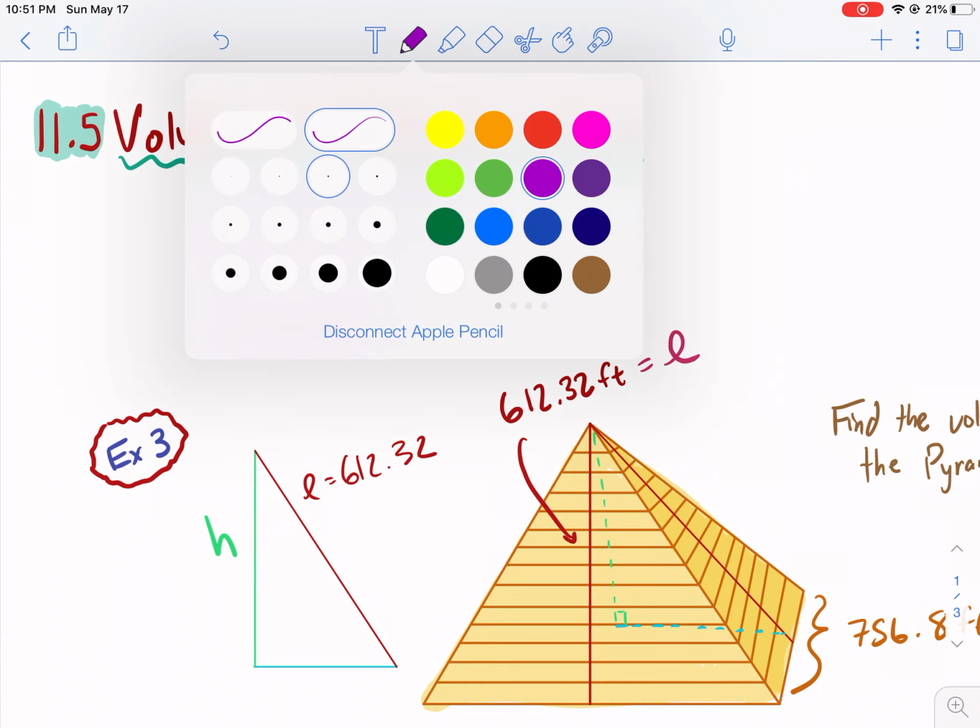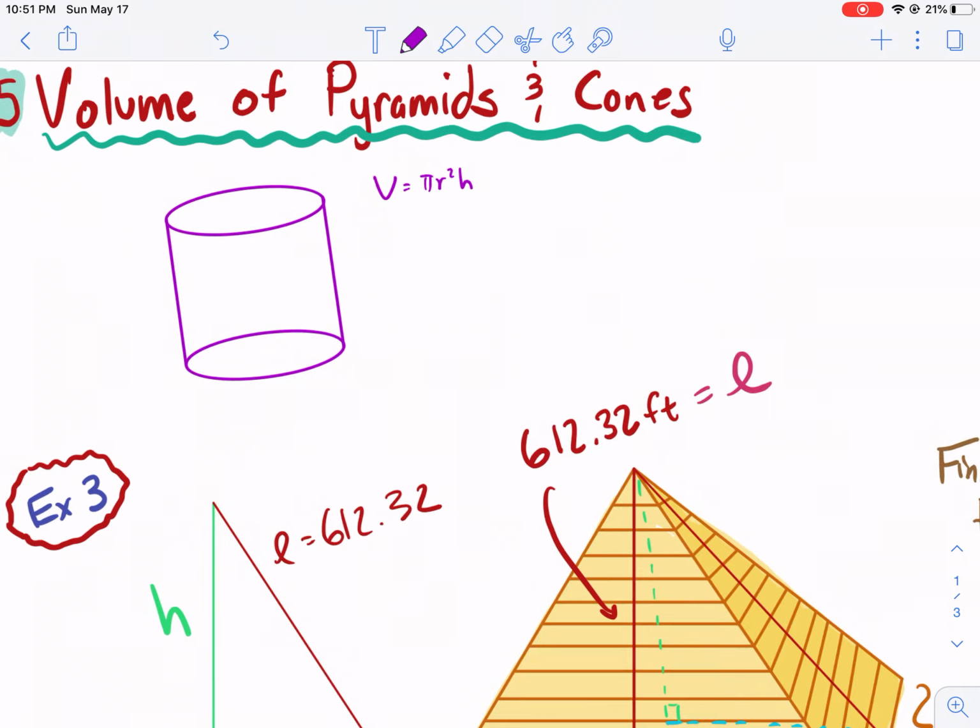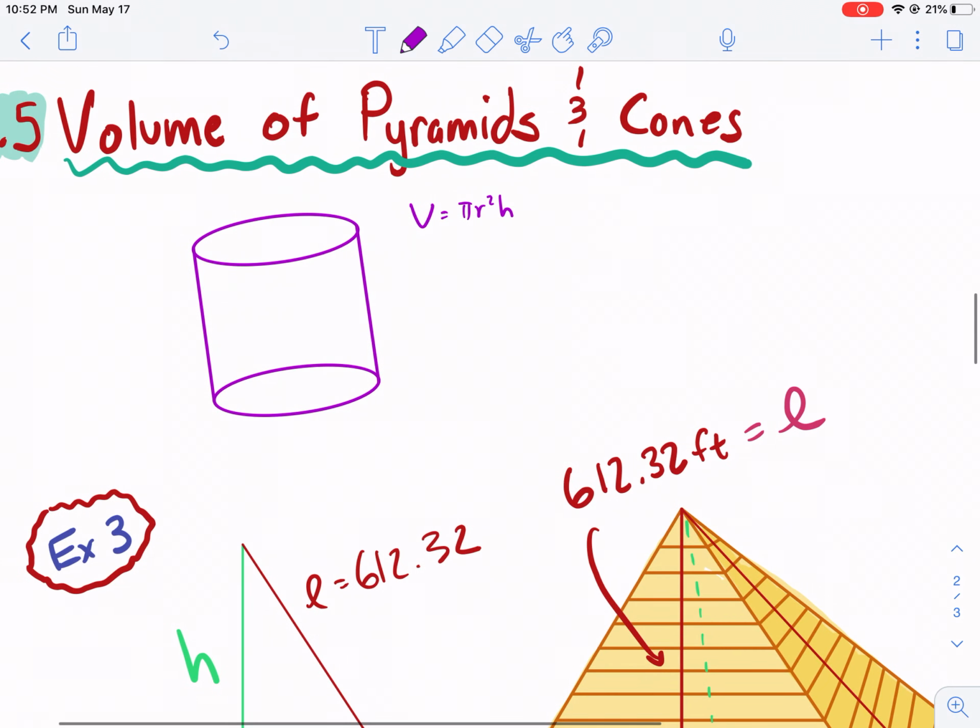A cylinder is essentially a type of prism, and any prism has volume equal to the area of the base times the height. The base of a cylinder is a circle, so it's pi r squared, and then we multiply by the height.